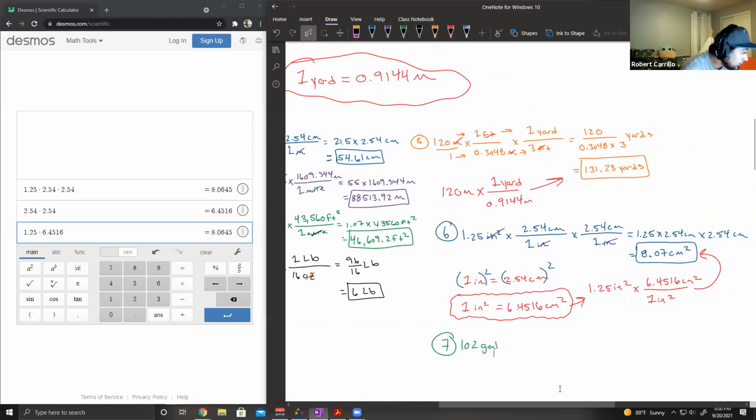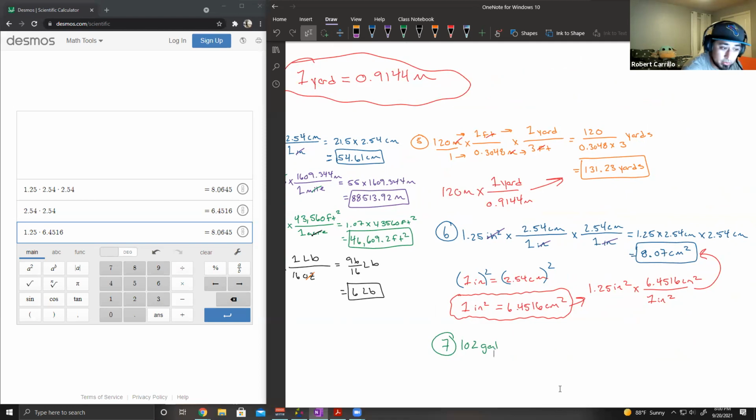So looking at our conversion table, we're dealing with fluid ounces. Okay. So if we want to go from 102 gallons to ounces, I see that 1 gallon is 3.78 liters.